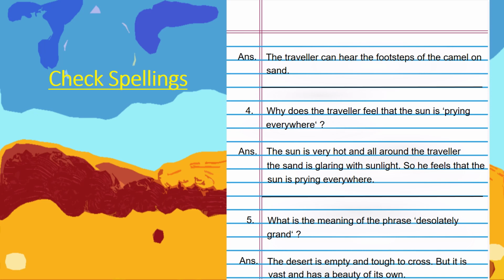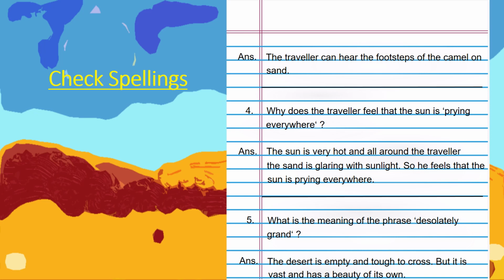Question number 4. Why does the traveler feel that the sun is prying everywhere? The sun is very hot and all around the traveler. The sand is glaring with sunlight. So he feels that the sun is prying everywhere.